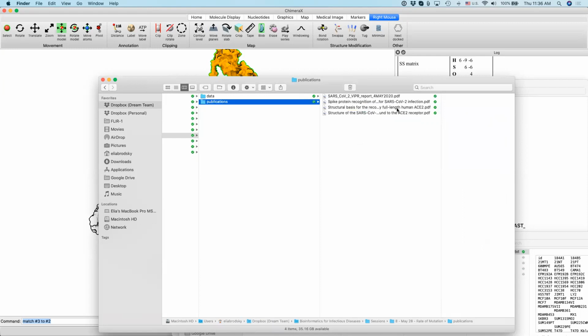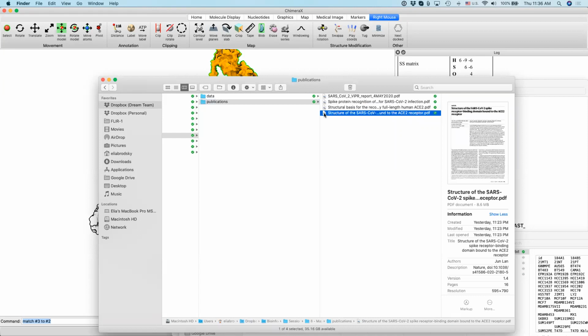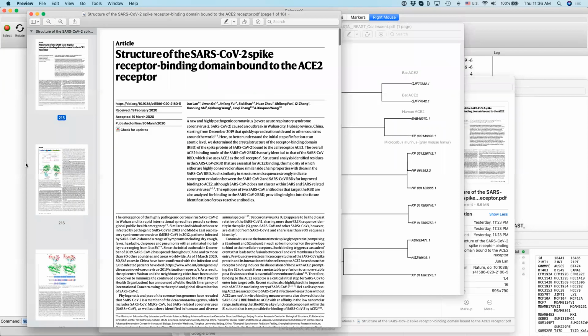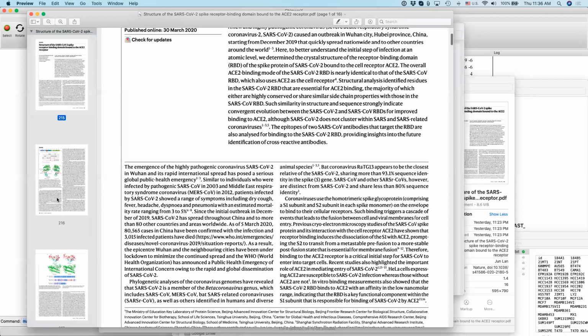Okay, and let me show you, for example, this paper right here, which is where this image was taken from.